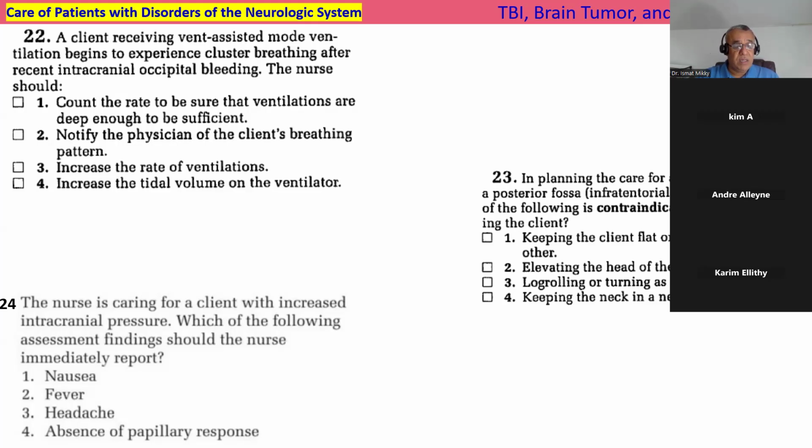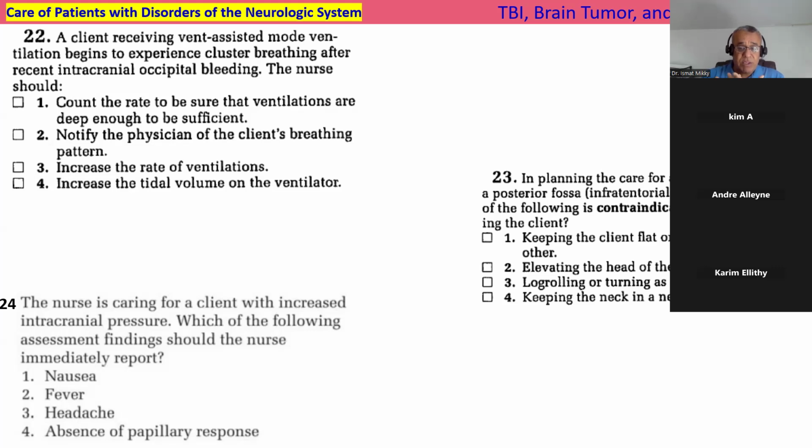Once the patient has this manifestation, it would indicate impending herniation and should be reported immediately to the PCP. Is it 4? Absence of pupillary response.